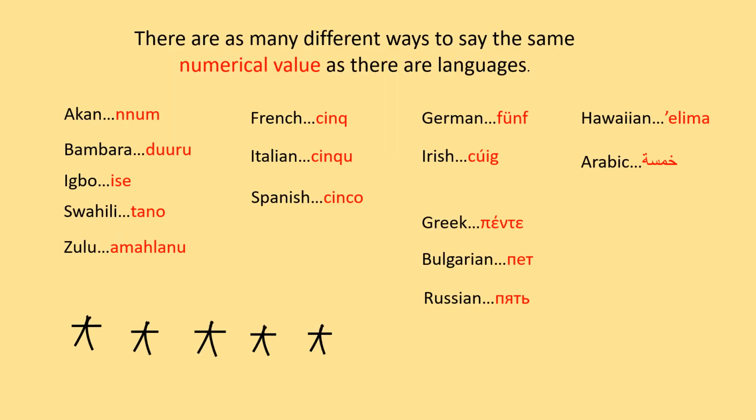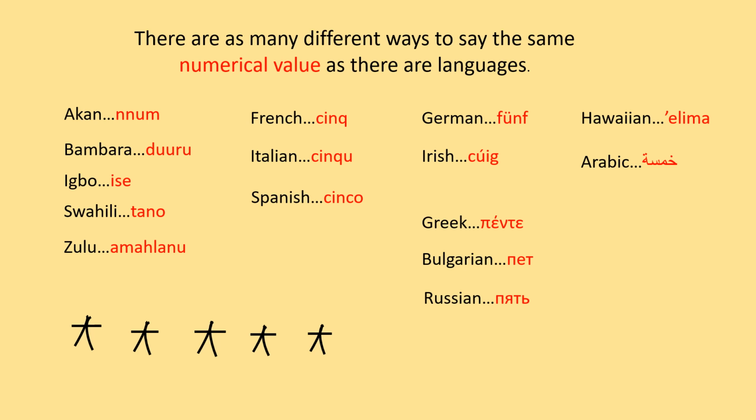Calculations use numerals, that is to say, signs or symbols to represent specific values. Many, if not all, cultures have words to represent quantities or numbers. Here are some examples.